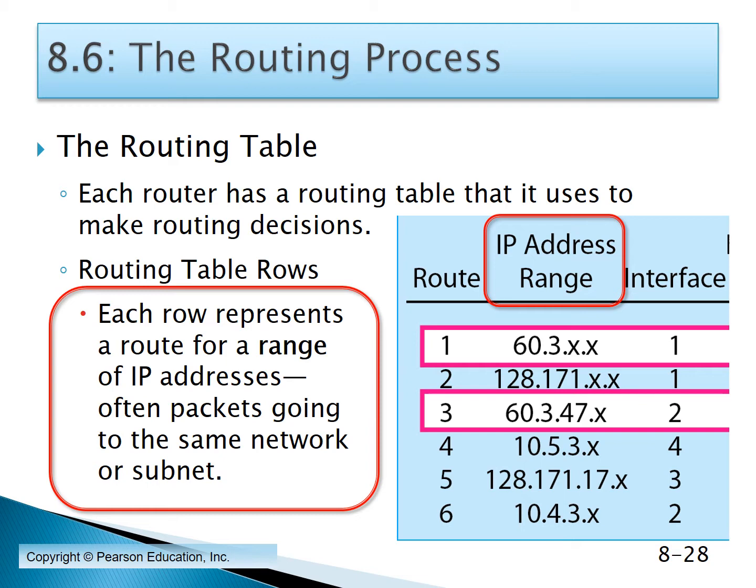So you have a range of IP addresses, which is different from your Ethernet switching table. In your switching table, you have a specific host name, because normally an Ethernet is smaller, so you know the address of each individual host. But for the internet, there are so many devices, you cannot possibly store all the IP addresses, so you only store the range in your routing table.